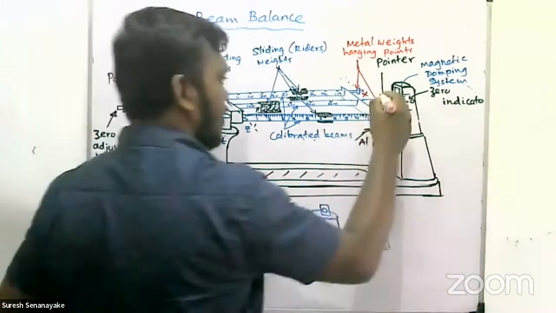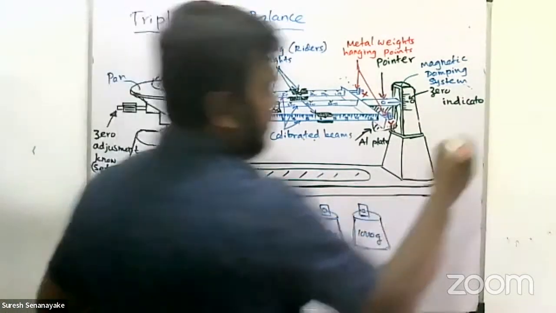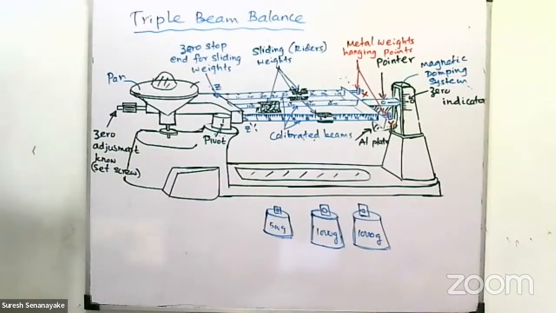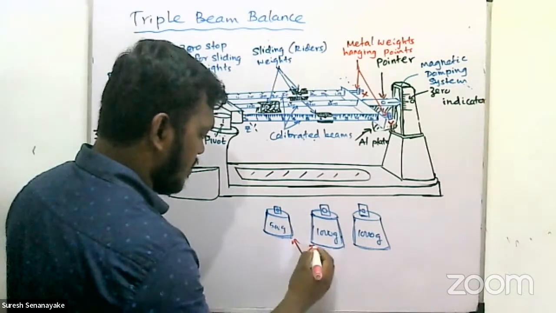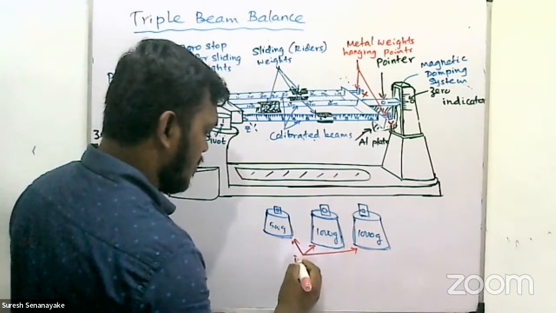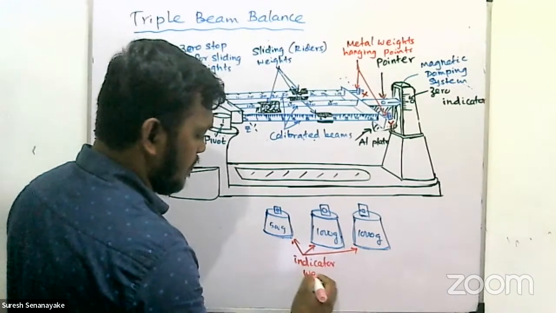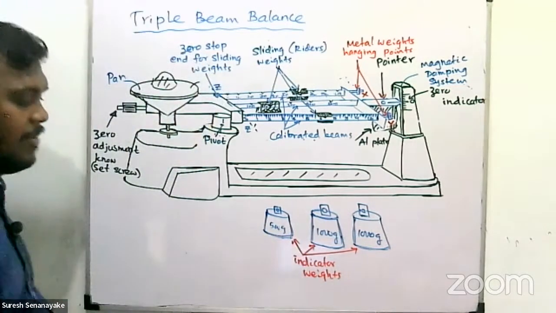This is the pointer, right? So what's the zero indicator? Zero indicator. All right. These are indicator weights. Indicator weights means that's a 500 gram indicator weight.